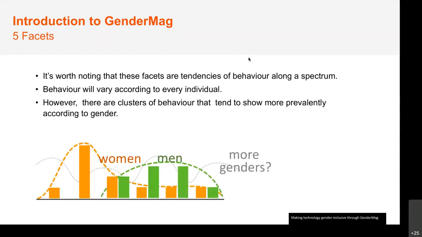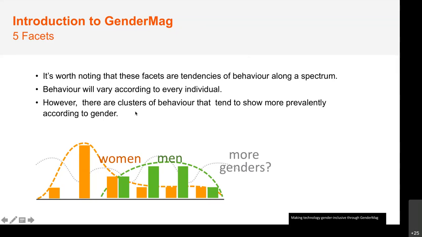So let's talk about the 5 facets first of all. What is really important to understand is that these facets are tendencies of behaviors along a spectrum. So everyone will differ according to these different behaviors, and it's not meant to essentialize. So it's not that all women behave like this end of the spectrum and not all men behave like this other end of the spectrum.